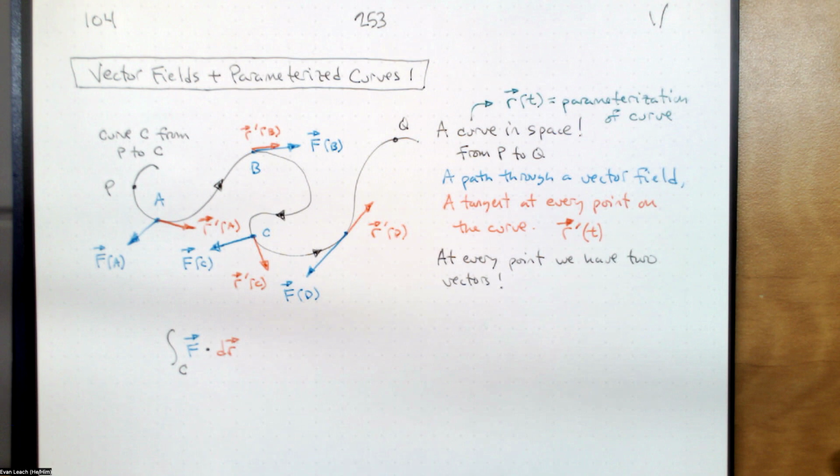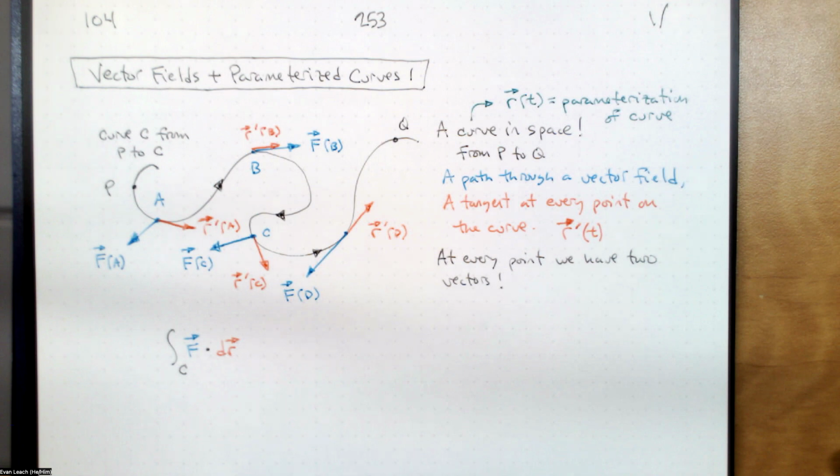The +1 dimension of this is, instead of a curve in R3, imagine a surface in R3. At every point on that surface, the vector field is doing a thing. And we're going to look at how the vector field flows through the surface. And so we're going to want to know the angle between the vector field and a vector normal to the surface.